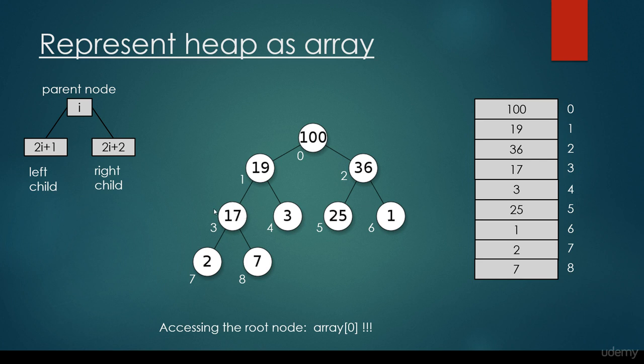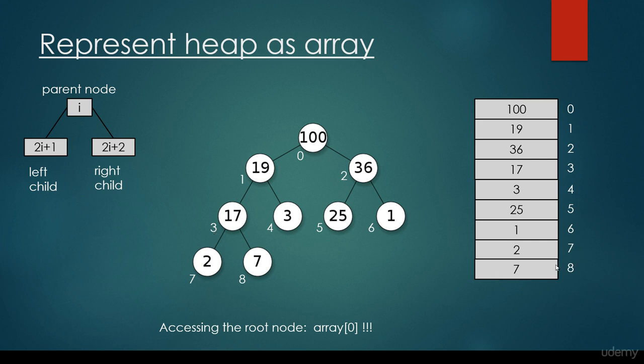Let's consider, for example, 17. 17 has the index 3. How are we able to find the left child in the array? The left child is going to be 2 times I plus 1, so 2 times 3 plus 1, so basically 7. Yeah, here's the 2 with the index 7. What about the right child? It is 2 times I plus 2. 2 times 3 plus 2, so 6 plus 2, so 8.